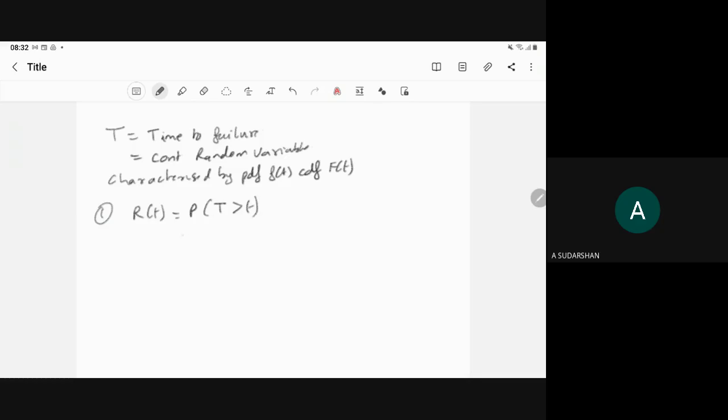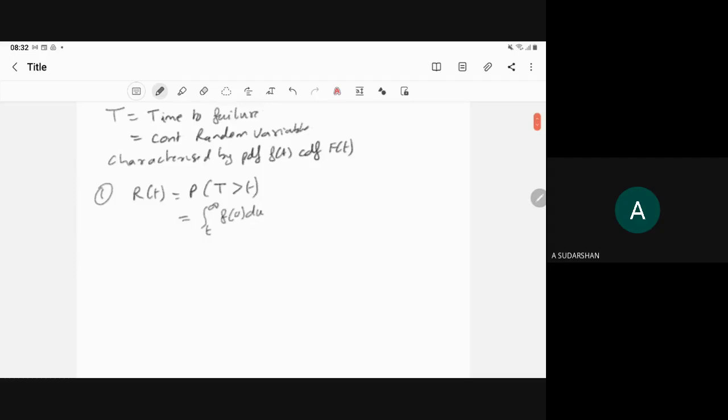So by definition, this is the integral from t to infinity of f(u) du.